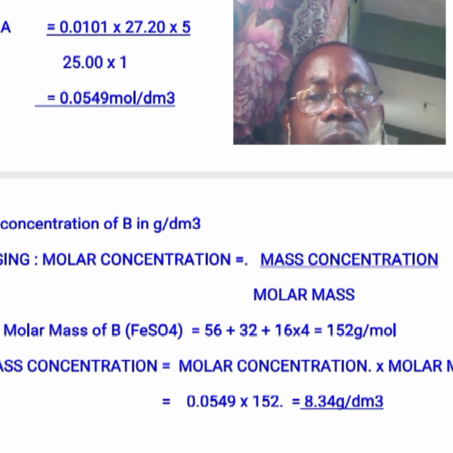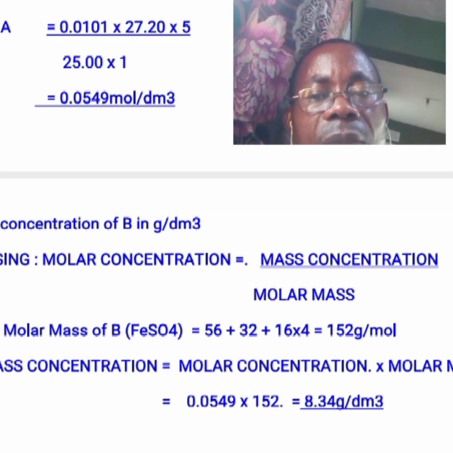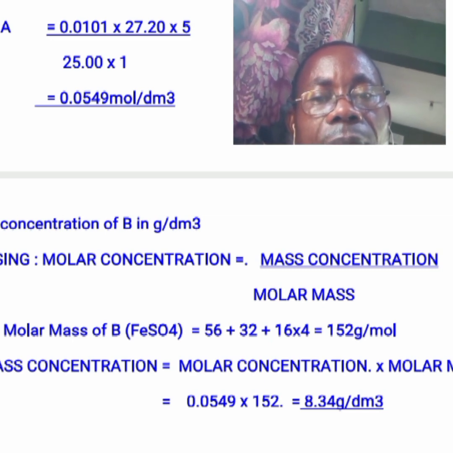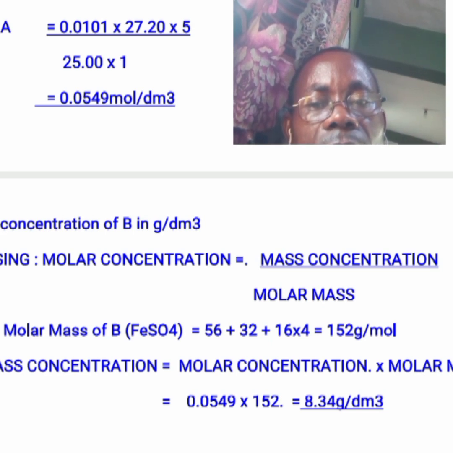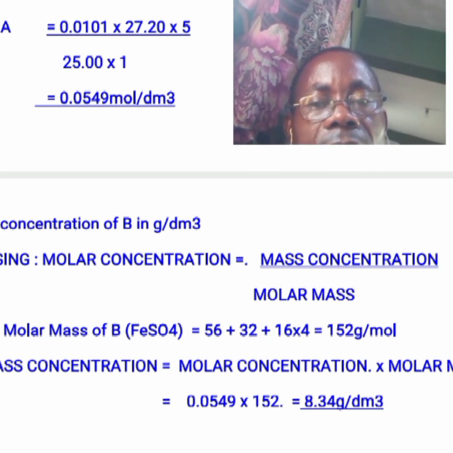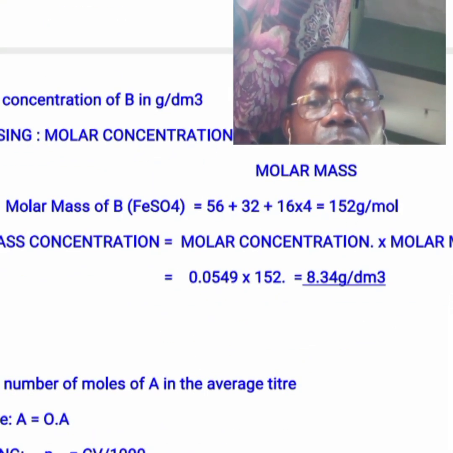Mass concentration is the same thing as concentration in gram per dm cube, so mass concentration equals molar concentration times molar mass. Substituting, we get 8.34 gram per dm cube.